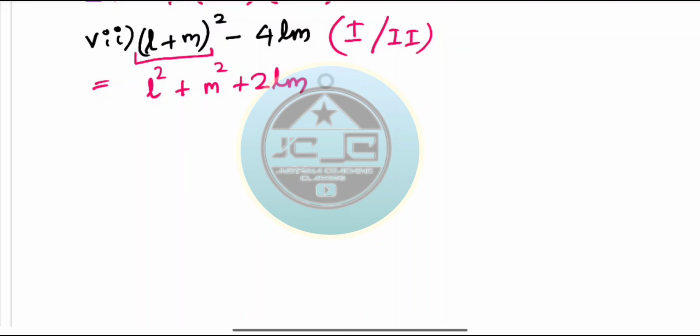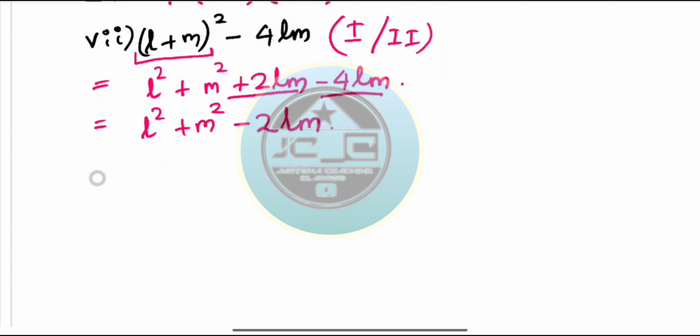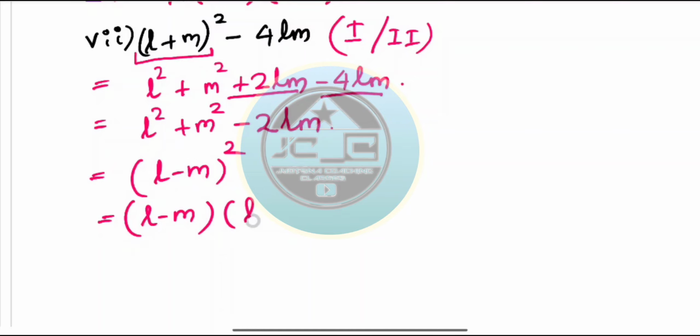And then minus 4lm is already present as given. Now l square plus m square plus 2lm minus 4lm results in minus 2lm. Now see, l square plus m square minus 2lm. Which identity is this? Identity 2. l minus m whole square. This is l minus m into l minus m. Clear? Is that clear?